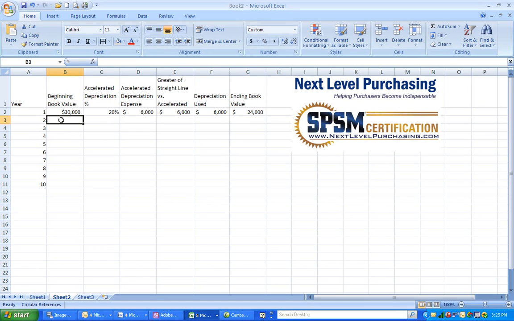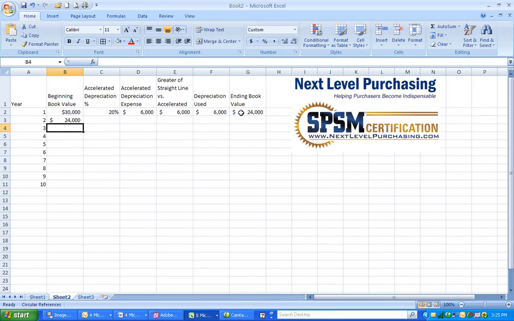Now the beginning book value of the second year is the same as the ending book value of the first year. So to put that number in there, I'll just type equals and I'll select that cell up there. By doing so, what we are telling Excel to do is to go up one row and go over to the G column to select the value. I do this for a couple of reasons.